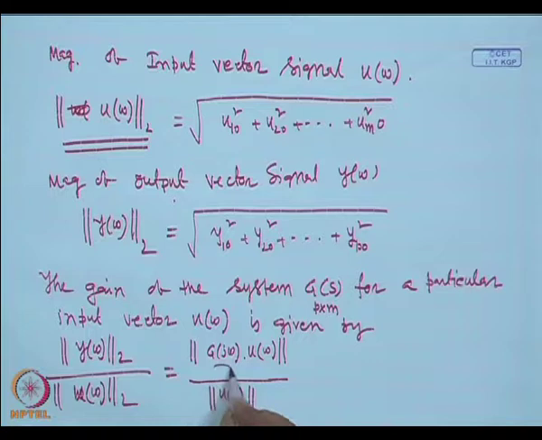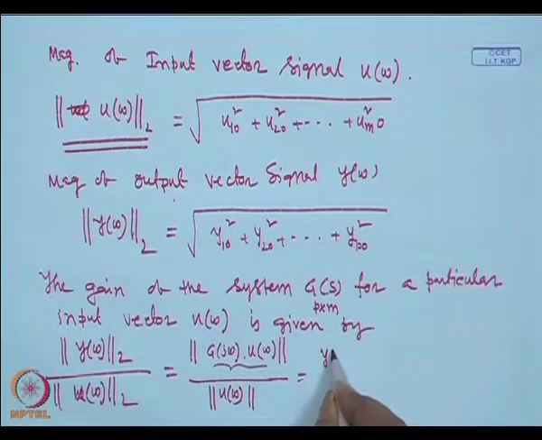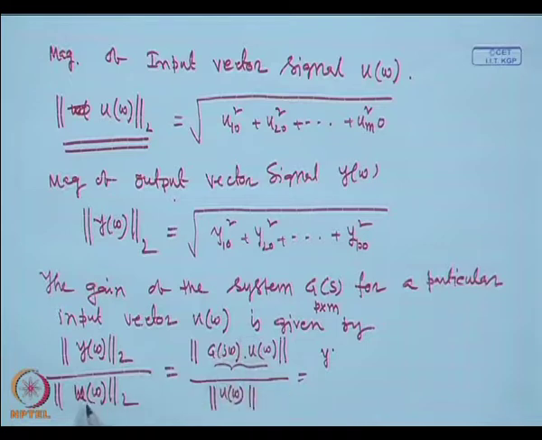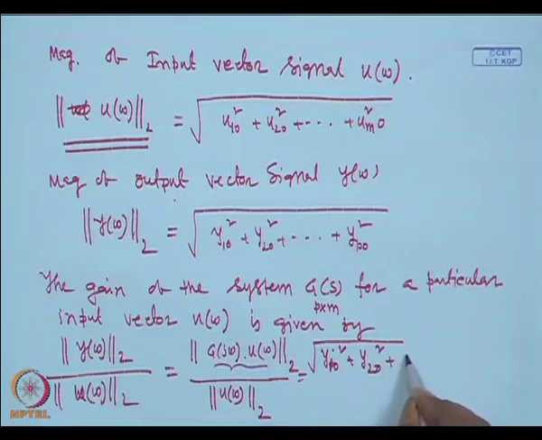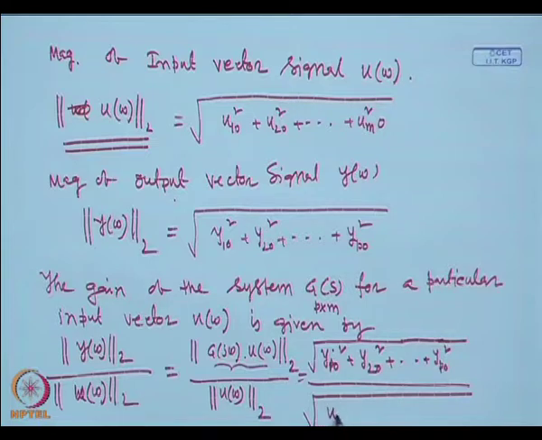So this is the square root of the first output magnitude square plus the second output square, plus dot dot plus y p(0) square, all divided by the square root of u1(0) square plus u2(0) square plus dot dot u m(0) square.